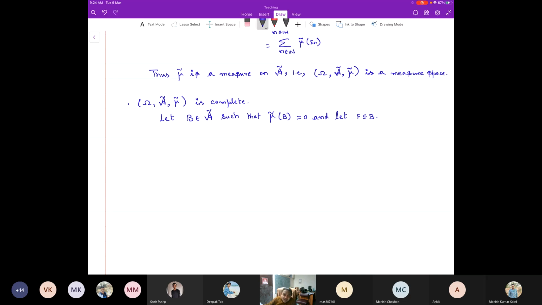How do you show that F belongs to A tilde?